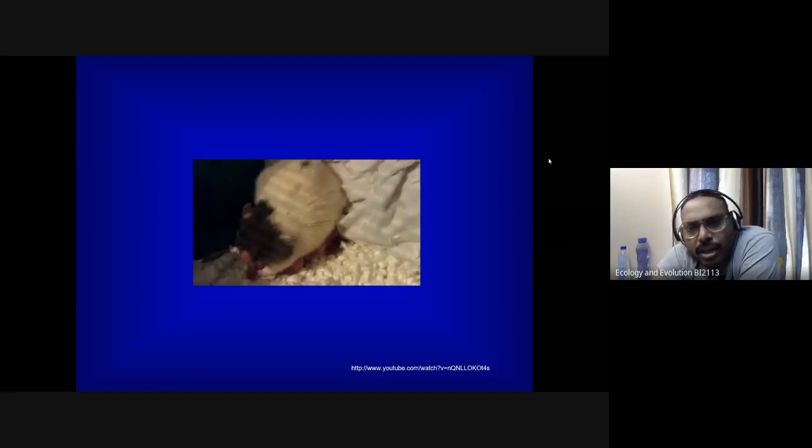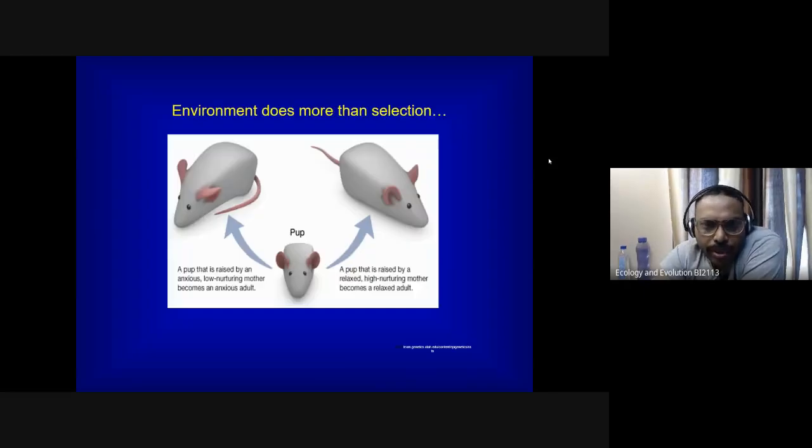And there are other mothers who kind of cheat a bit. They don't do too much licking and grooming. Now, very interestingly, the behavioral phenotype of the rat offspring depends critically on the nature of the mother.